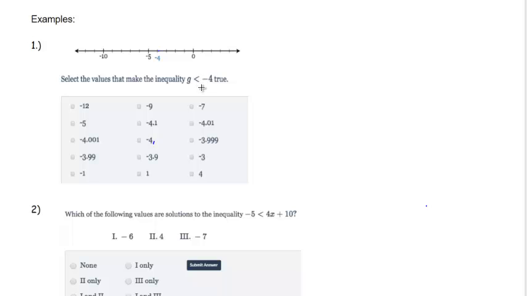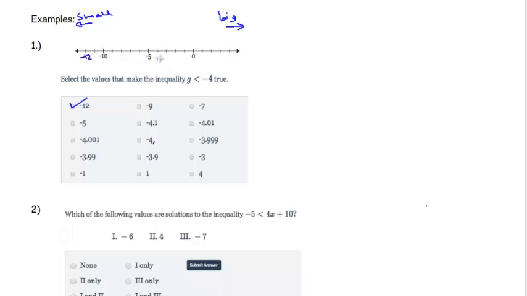Yeah, of course that's true. -4 is right here, whereas -12 is right here. Whenever a number is to the right of another number, it's bigger. Bigger numbers this way, smaller numbers this way. All right, so I would check that off.